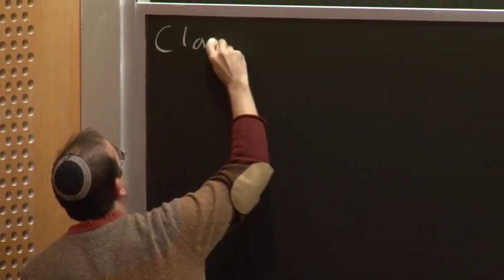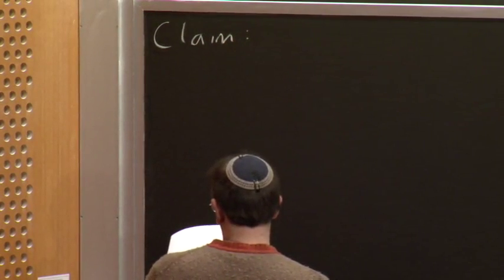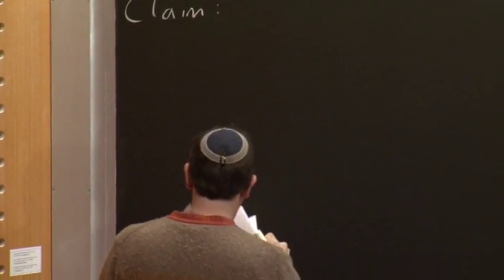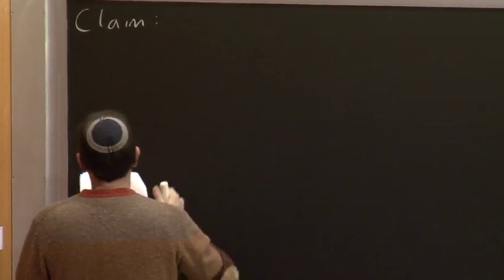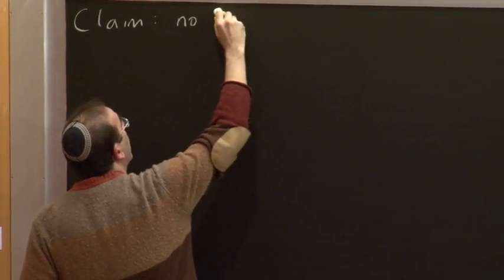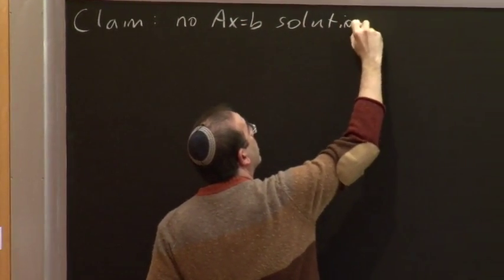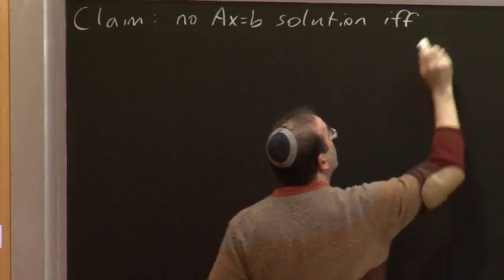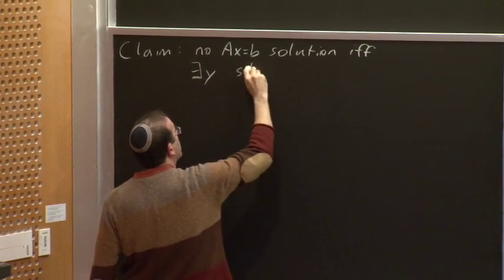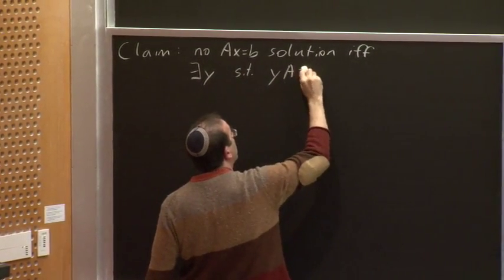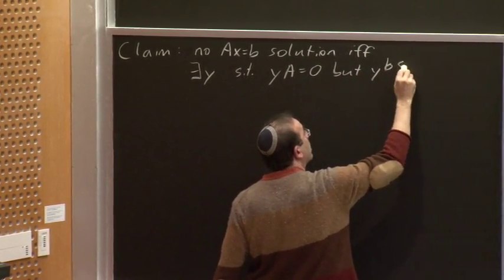So the claim is that there is no AX equals B solution if and only if there exists a y such that yA equals 0 and yb is not equal to 0.